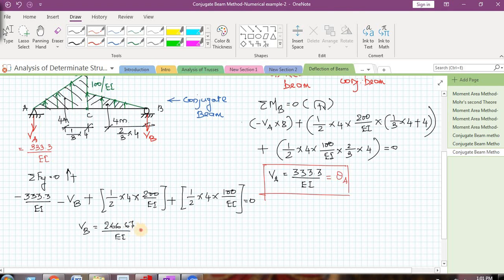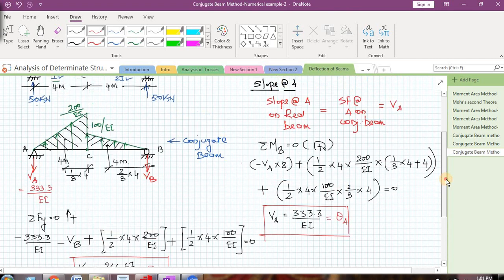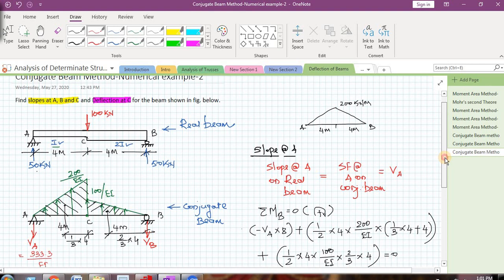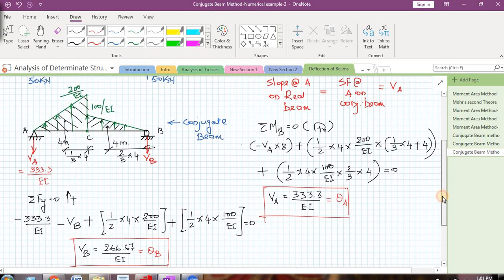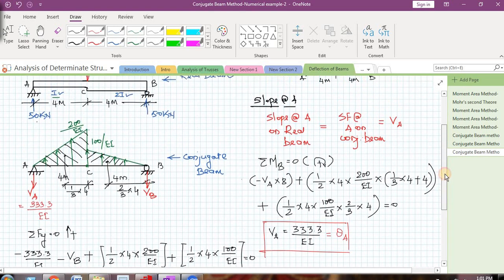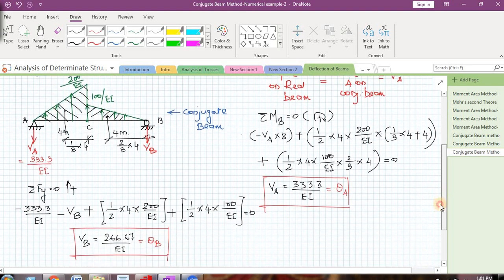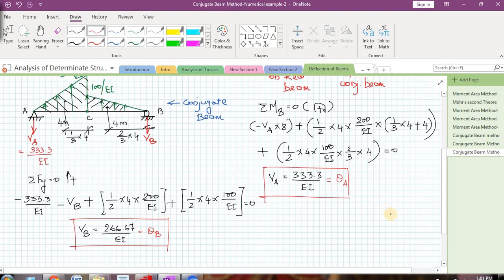Which is nothing but the slope at B on the real beam. So now we know the slopes at A and B. We can find the slope at C also. The slope at C on the real beam is nothing but the shear force at C on the conjugate beam.